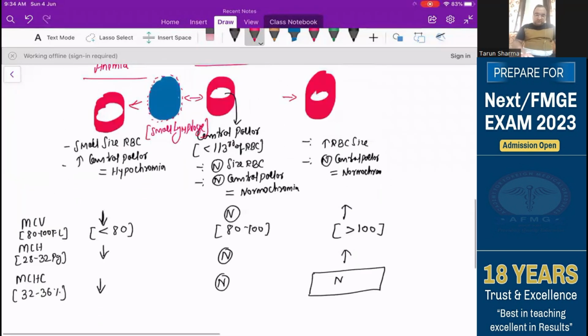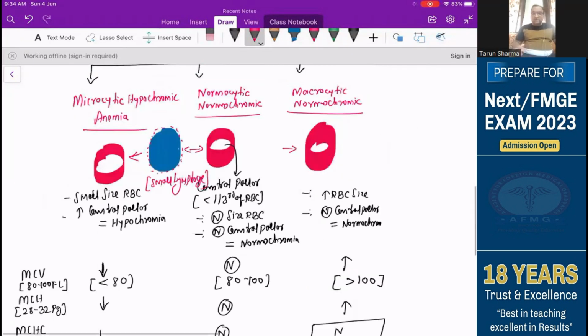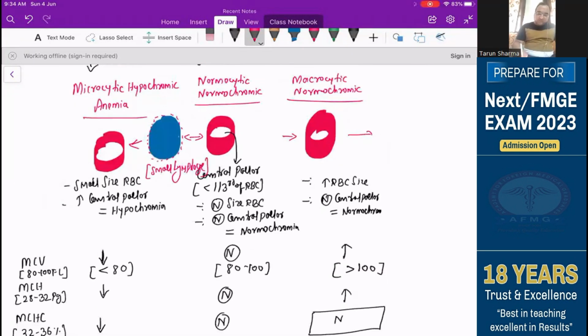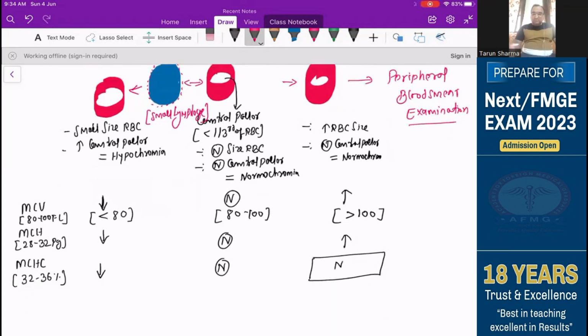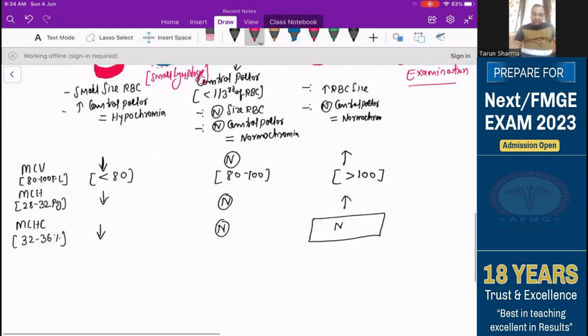So there are two things. One is the size of the RBC, which you can make out by peripheral blood smear examination, when you appreciate the size of the RBC by comparing it with the lymphocyte. And the second thing, you can also make out the diagnosis by looking at these three important RBC indices.